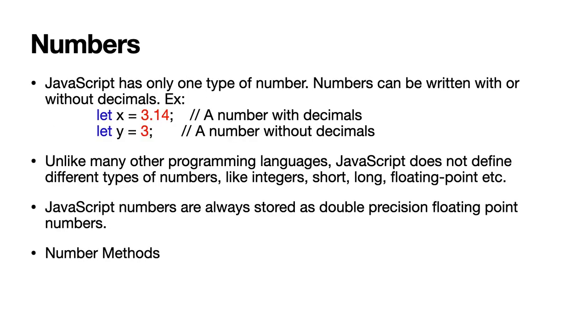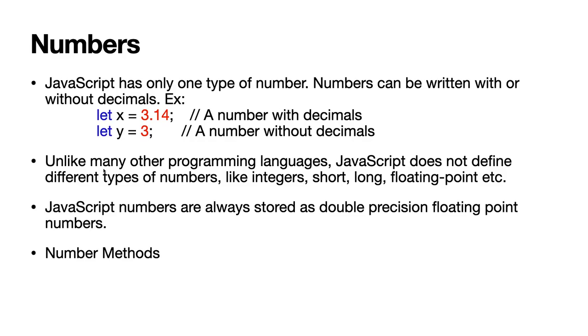So we will just jump into numbers. JavaScript has only one type of number. The numbers can be written with or without decimals. A number with a decimal is called a float. A number without a decimal is called an int. This is a basic concept in a language.